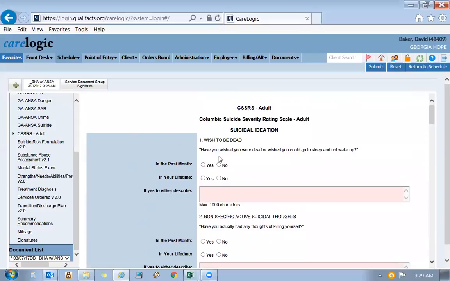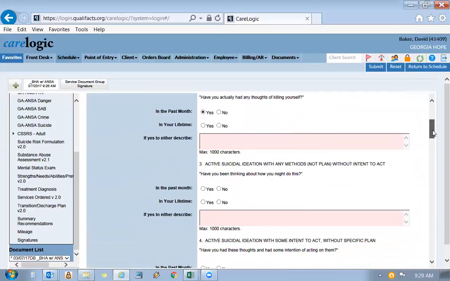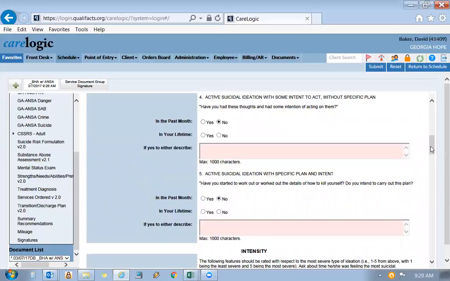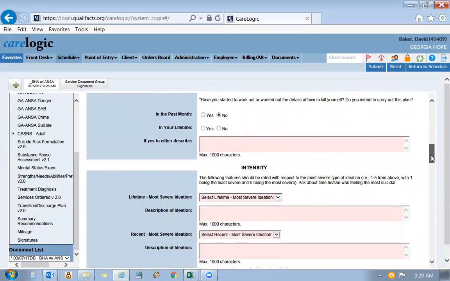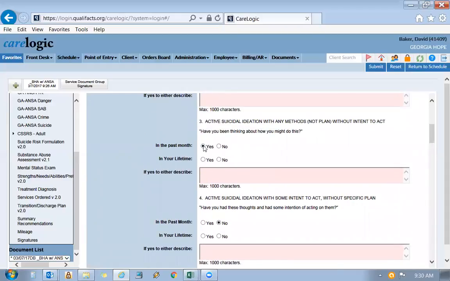If up here you answer yes to question 1 for in the past month, and yes to question 2 in the past month, and yes to question 3 in the past month, and then no and no in the past month to questions 4 and 5, then what you would answer down here as far as recent goes for the severity of ideation would be 3, because up here the highest question answered yes under in the past month was number 3.